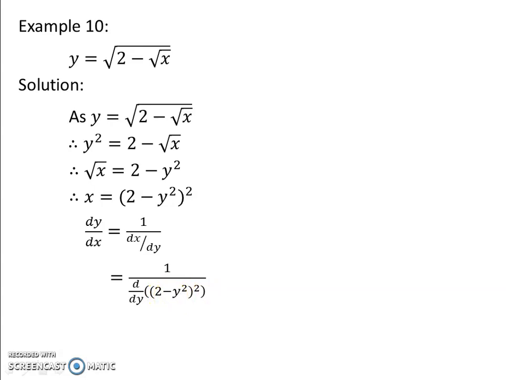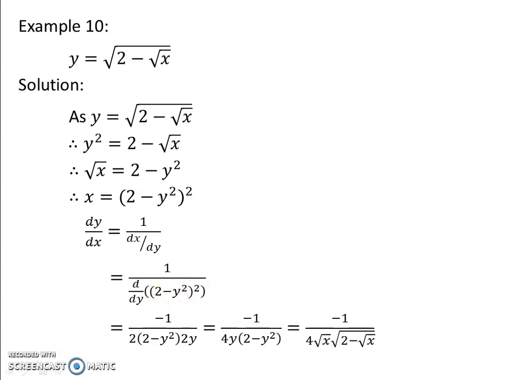So substituting this we get minus 1 upon 2 into (2 minus y square) into 2y, and that is equal to minus 1 upon 4y into (2 minus y square). That is equal to minus 1 upon 4 root x into under root of 2 minus root x, because the value of 2 minus y square is root x and the value of y is under root of 2 minus root x. So replacing this in this equation we get the required solution.